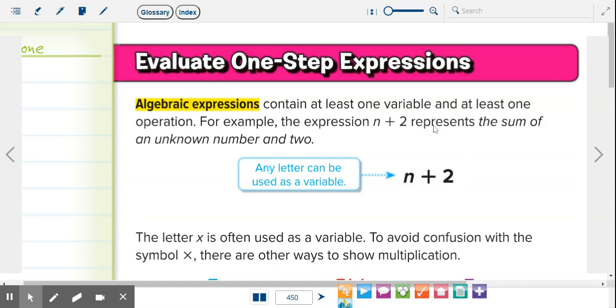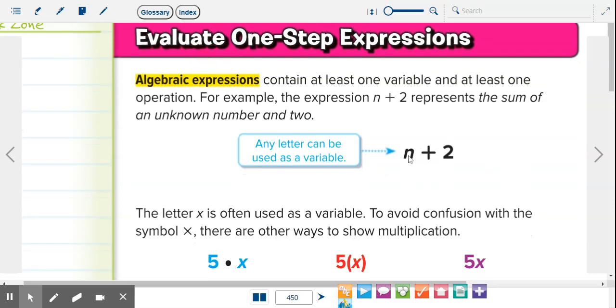All right, so an algebraic expression contains at least one variable and at least one operation. Okay, so we're going to have a letter and we're going to have one operation. So this is an example of an algebraic expression. Sorry, it's not an equation because we don't have an equal sign.